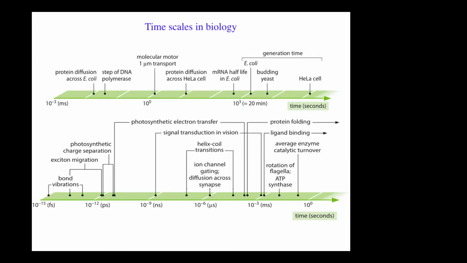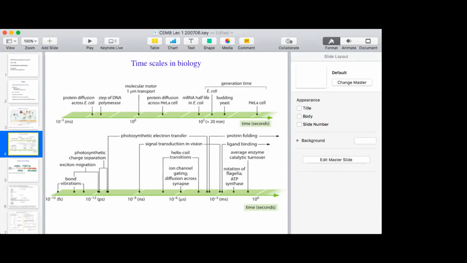So things that could happen fast enough by diffusion in a bacterium no longer happen fast enough in a eukaryotic cell. So protein diffusion across a cell is much, much slower. It's slower for two reasons. One is that the eukaryotic cell is big, but as we'll see later, it also takes a long time because the eukaryotic cell is also really viscous and crowded with stuff.